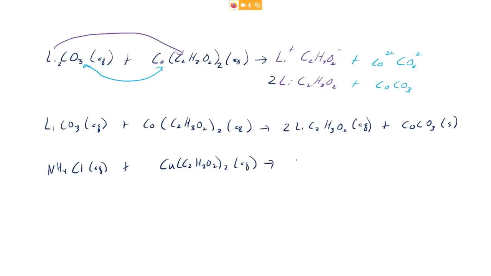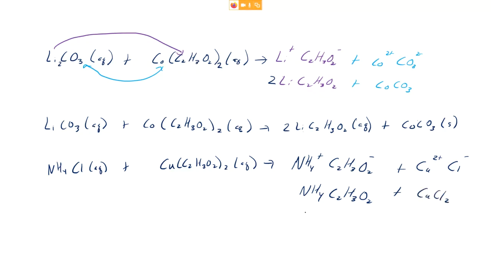Okay, so I have this, and it's going to form NH4 plus and C2H3O2 minus. So that becomes NH4C2H3O2 plus my copper, which is a 2 plus charge, and my Cl, which is a minus 1 charge. So it's going to be CuCl2. If I balance this, I've got one nitrogen, one chlorine and two chlorines, so I need to put a 2 here.